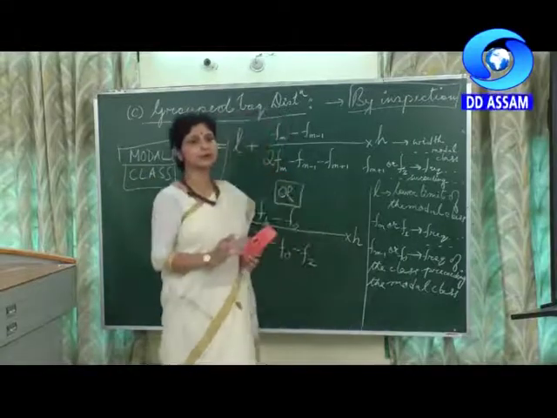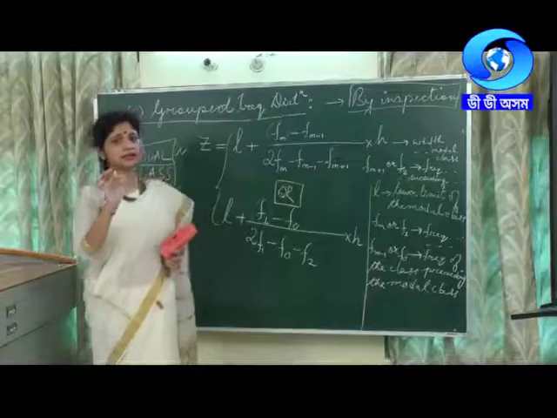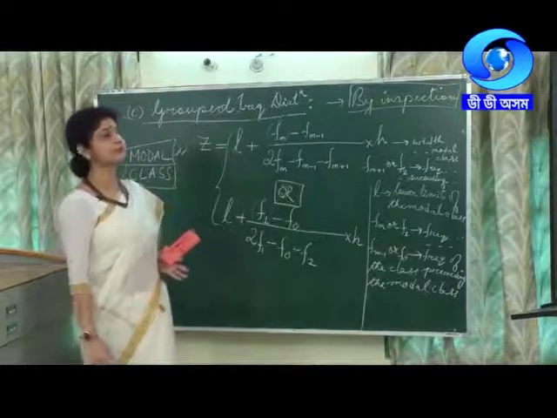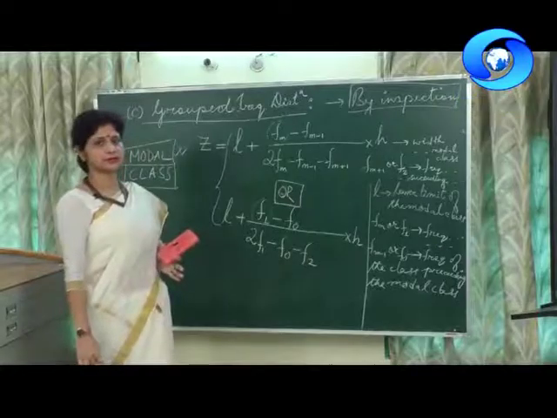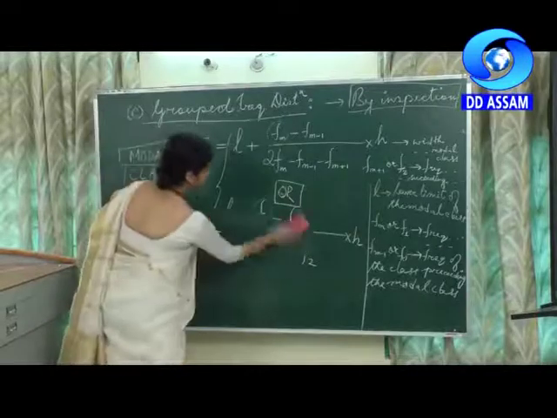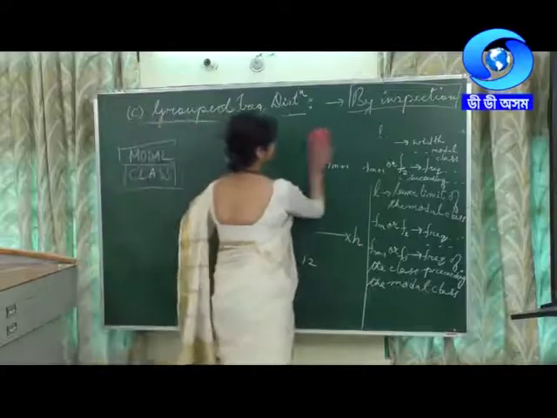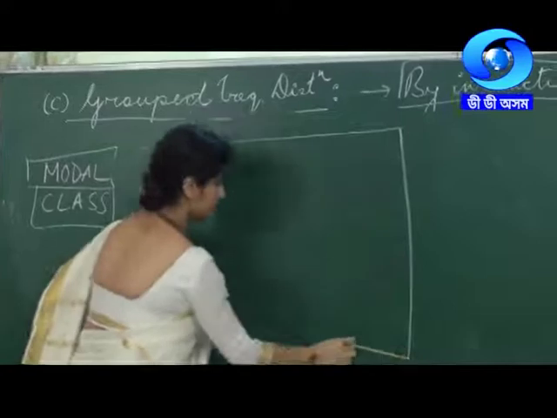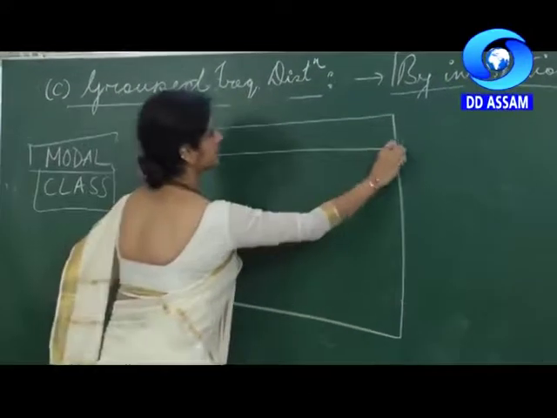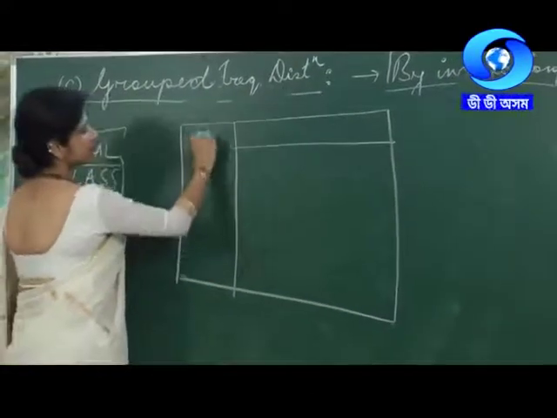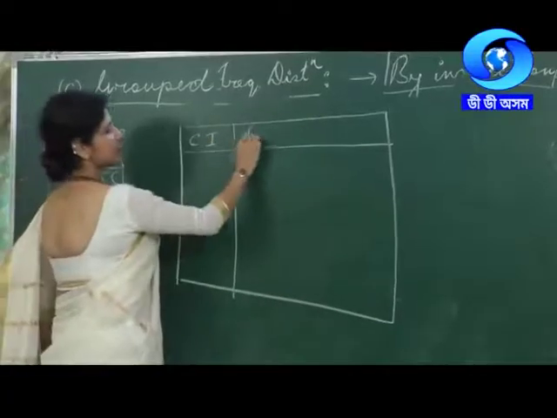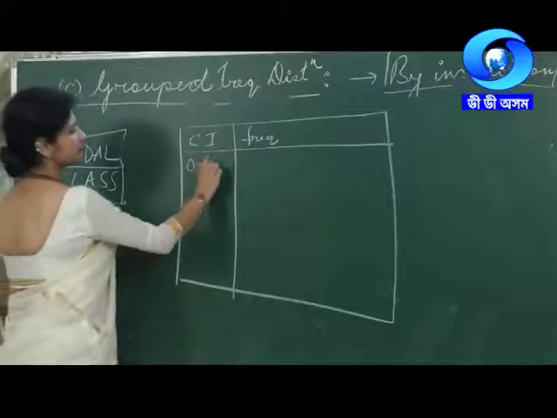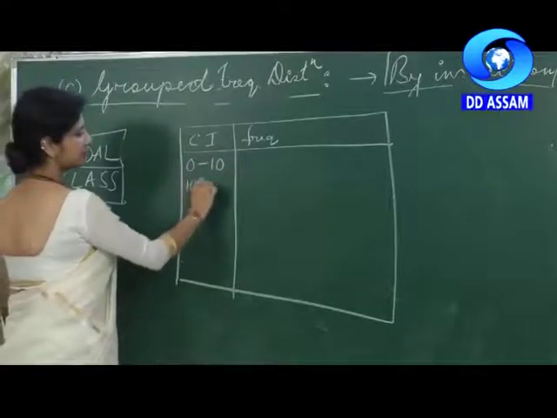And what is that modal class? The particular class interval which has the highest frequency will be referred to as the modal class. So supposing we have been given a grouped frequency distribution like this, where class intervals and frequencies are given.